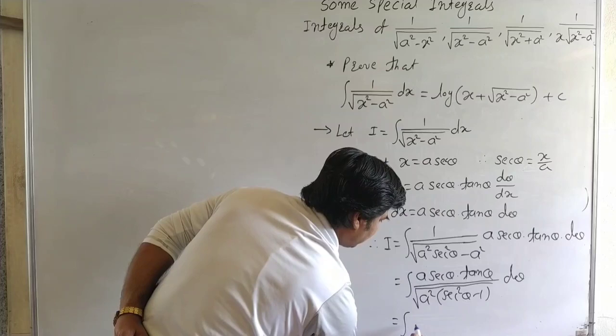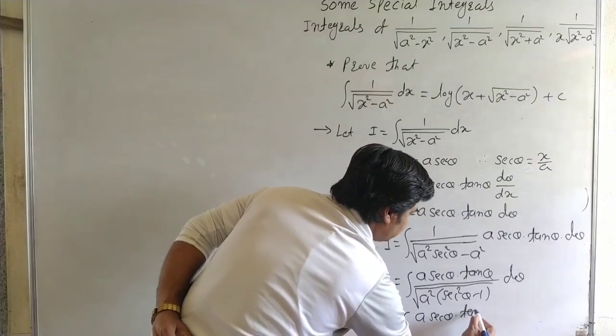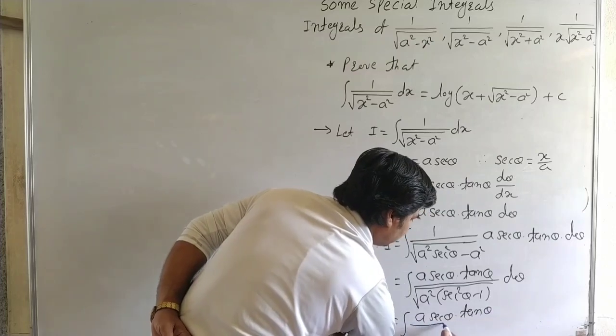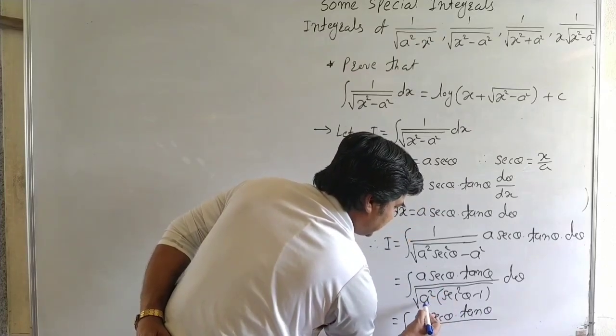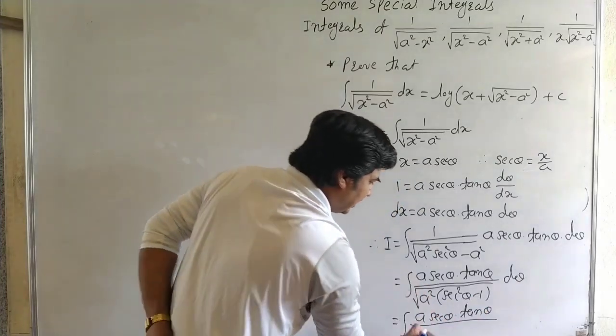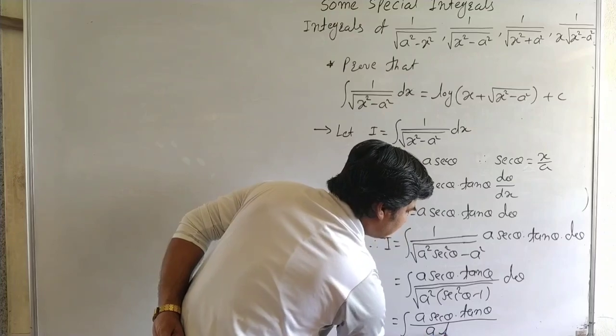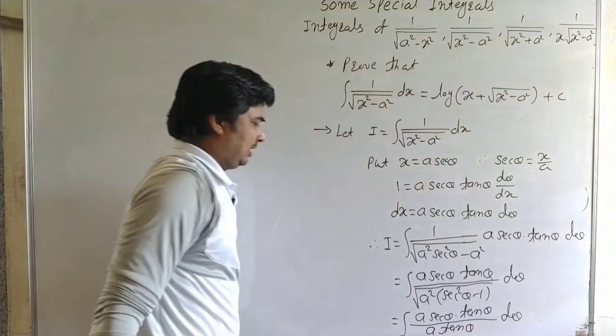Then integral of a sec theta tan theta upon a square into, okay, sec square theta minus 1 is tan square theta. We can directly write a tan theta d theta.